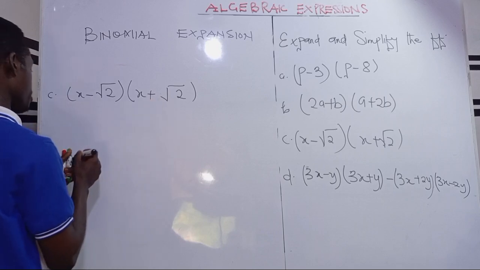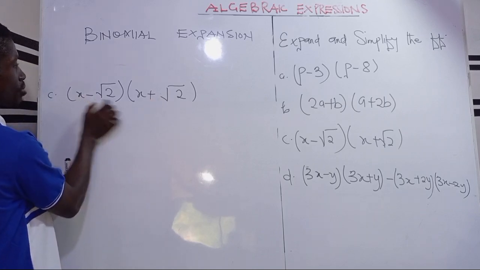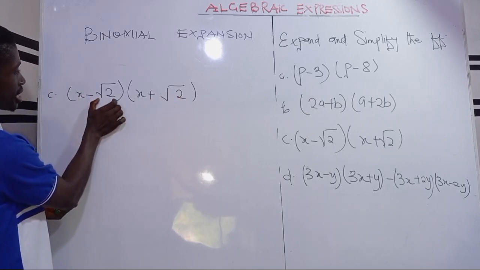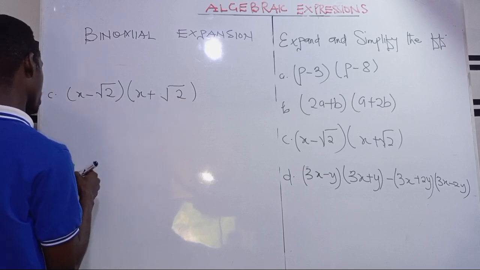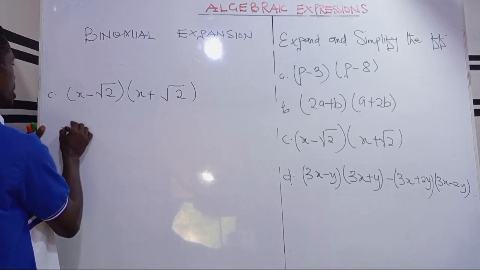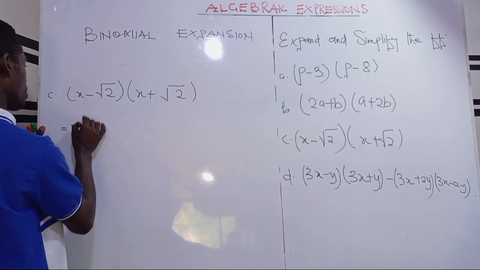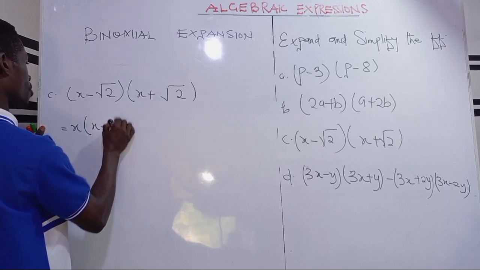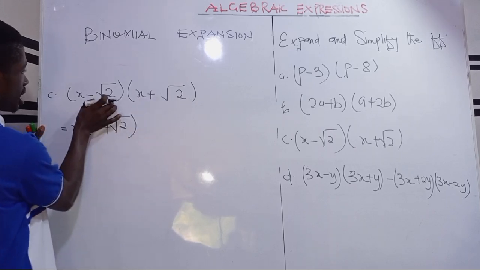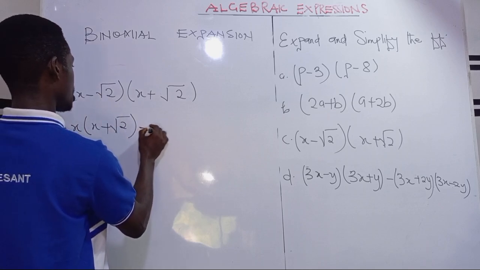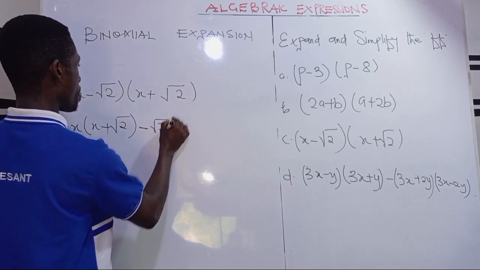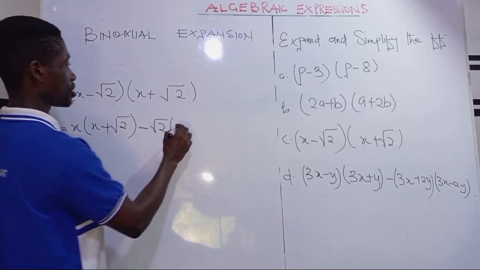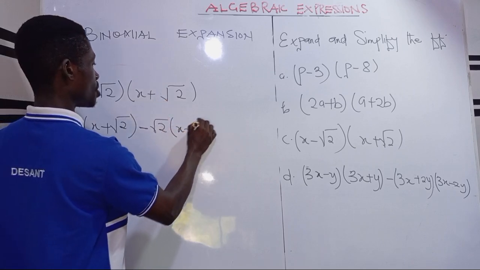So applying the same method, we are going to use x to multiply the whole of this bracket and minus root 2 to multiply the whole of this bracket. So we are going to get x multiplying x plus root of 2. And then we use the second term, which is minus root of 2, to multiply the whole of this bracket. So we have x plus root of 2.